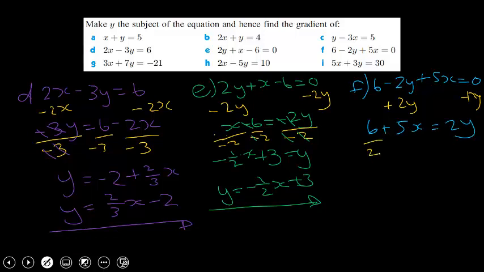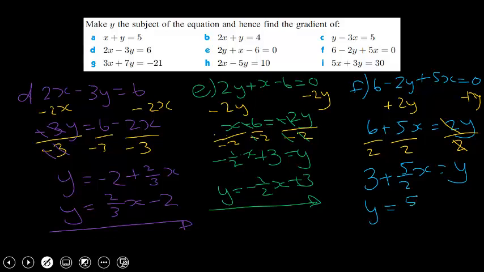Divide everything by 2 because I want to get rid of this 2 by the y. So 6 divided by 2 is 3, plus 5 over 2x is equal to y. I swap it around, so I say y equals 5 over 2x plus 3.